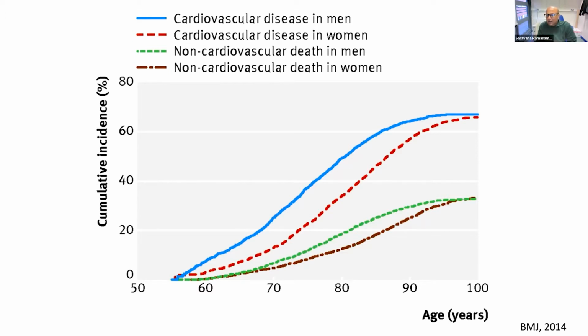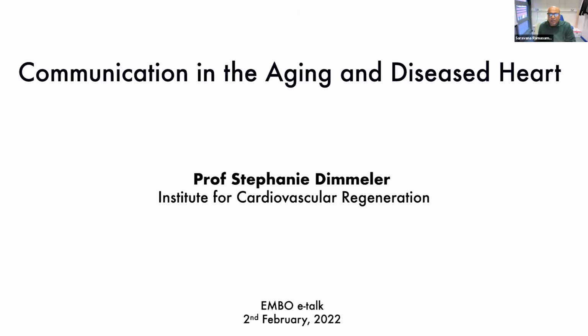Apart from that, the heart has many important cell types. The cardiomyocytes form the major cell type in the heart. Apart from that, endothelial cells, fibroblasts, and macrophages form important populations in the heart. So today, Professor Stefanie Dimmeler will talk about how these cells interact and how they behave in the aging and diseased heart. To briefly introduce Professor Stefanie Dimmeler, she is Director of the Institute for Cardiovascular Regeneration in Frankfurt.